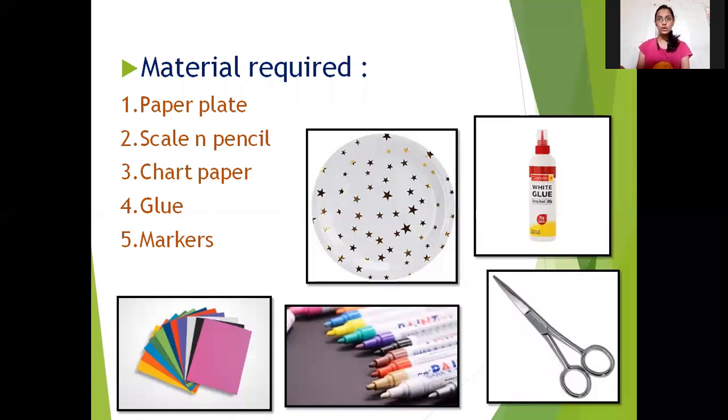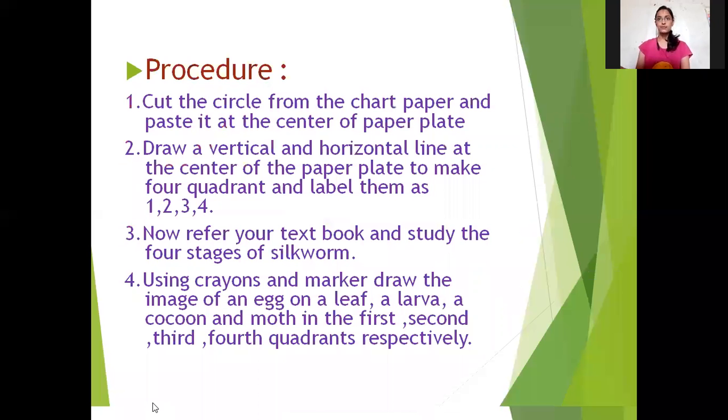The procedure we need to follow is, cut the circle from the chart paper and paste it at the center of the paper plate. Draw a vertical and horizontal line at the center of the paper plate to make four quadrants. Label them as 1, 2, 3, and 4.